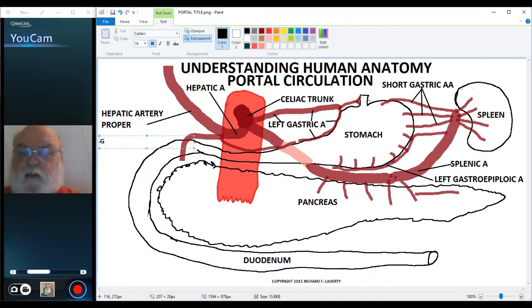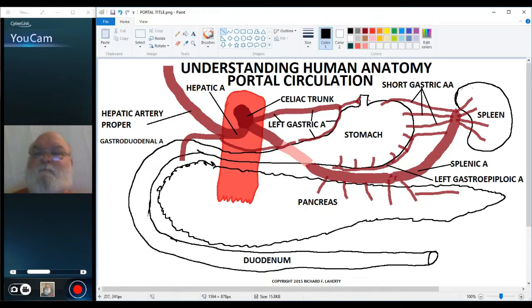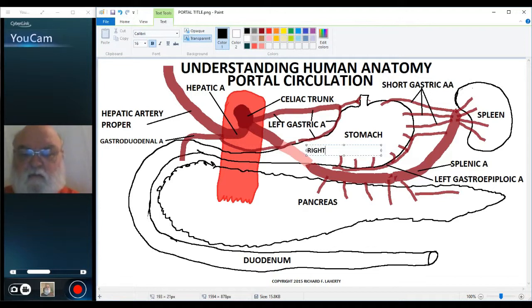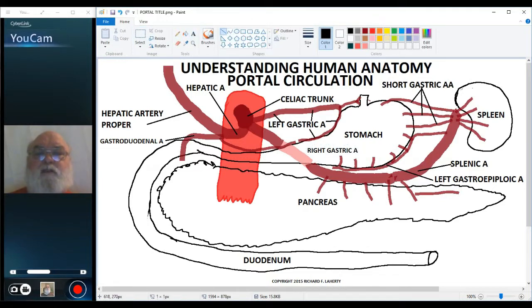And the gastroduodenal artery, and one of the branches of the gastroduodenal artery will be the right gastric artery, and the right gastric artery running along the lesser curvature anastomoses end-to-end with the left gastric artery. I've left a little gap in the diagram, but that's so we can see the difference.